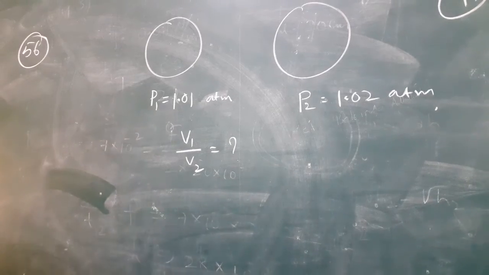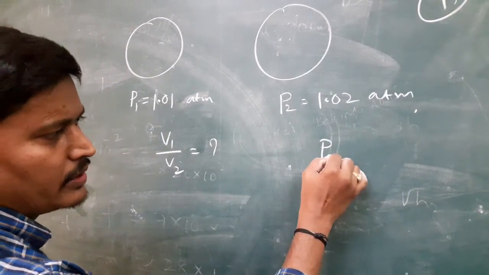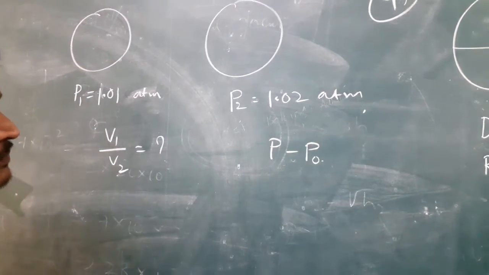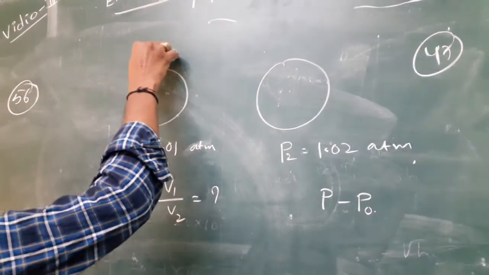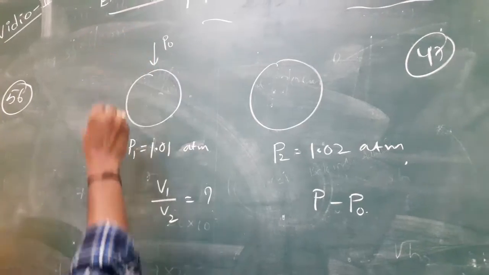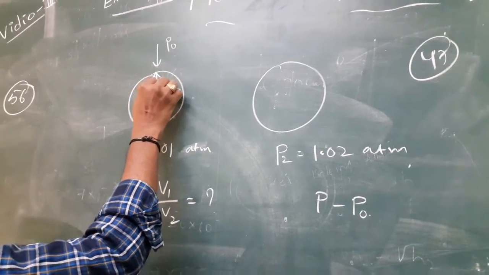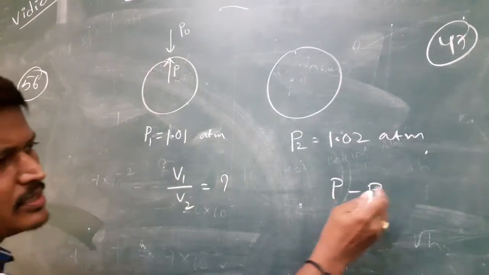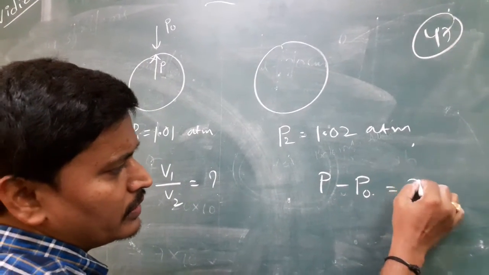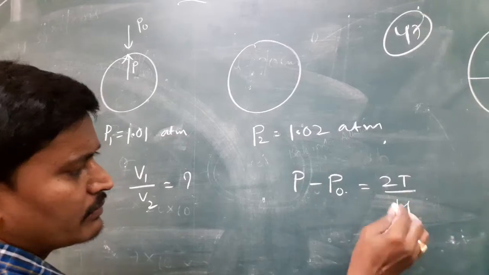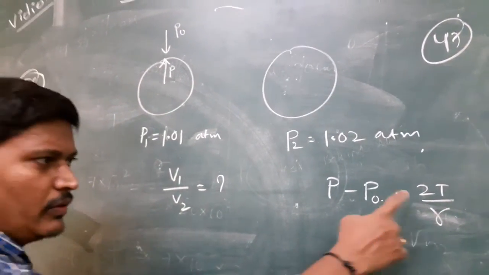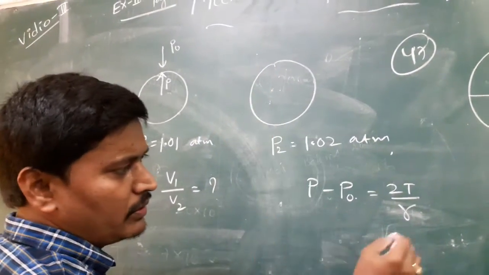The excess pressure inside the fluid is P minus P naught, where P naught is the atmospheric pressure acting outward. The pressure difference is 2T divided by R, where R is the radius of the bubble.